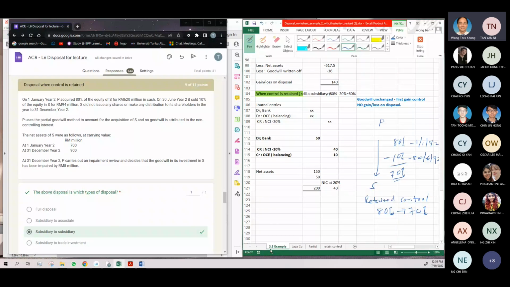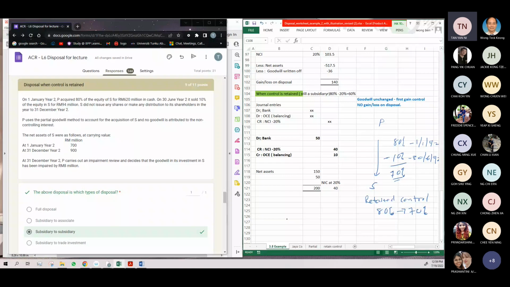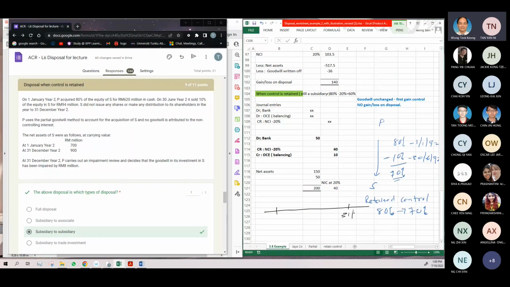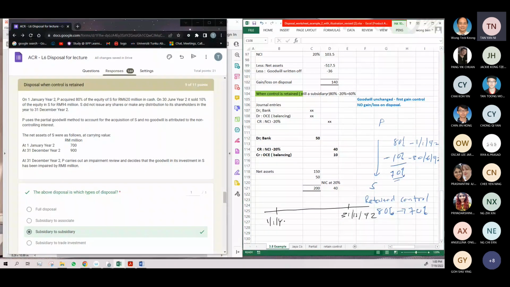So they give you a timeline. Year end is 31st December year 2, and the start is 1st January year 2. The disposal date here is 30th June year 2. From the start, the net asset is 700, and at year end it is 900.